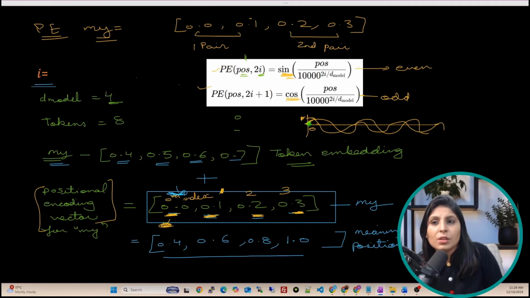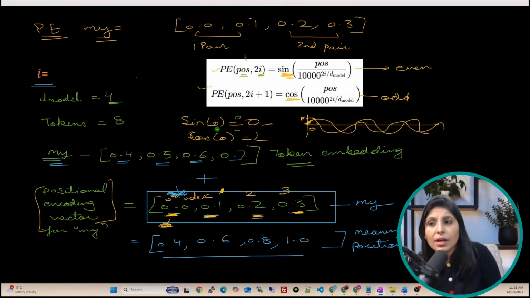The sine wave starts from the 0 position, and the value of cos will be 1, because cos is always a little bit shifted to the left. So when the value of sine is 0, the value of cos is 1.